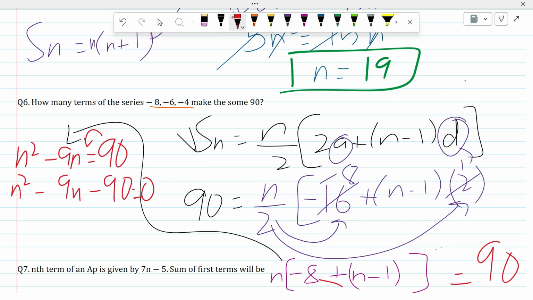Okay, now two numbers that make the sum minus 9 and make the product minus 90. Okay, so what can be these two numbers? Think for a moment.